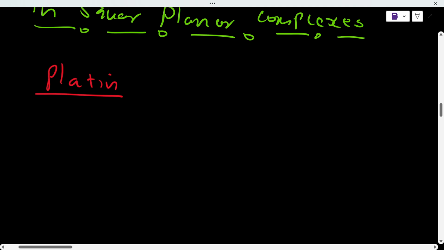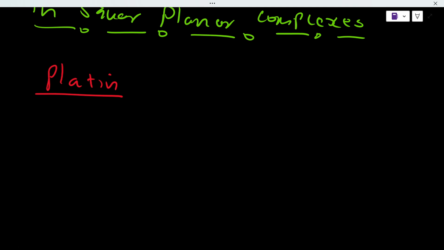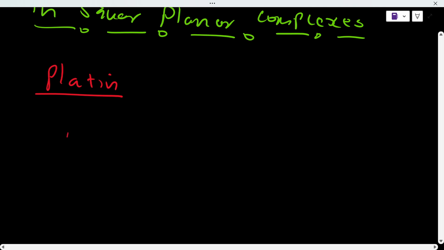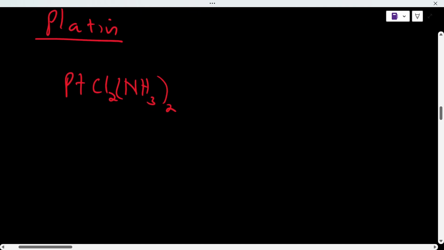Platin is just a platinum metal bonded to 2 chloride atoms or 2 chlorine atoms and also 2 ammonia molecules. So it is always written as Pt Cl2 (NH3)2 as our platin.